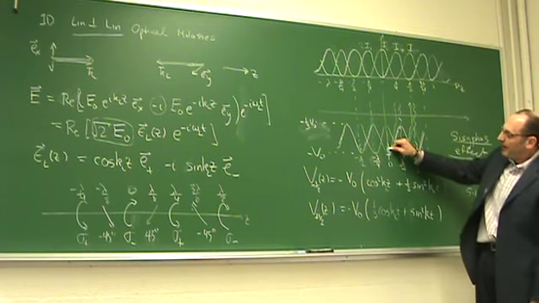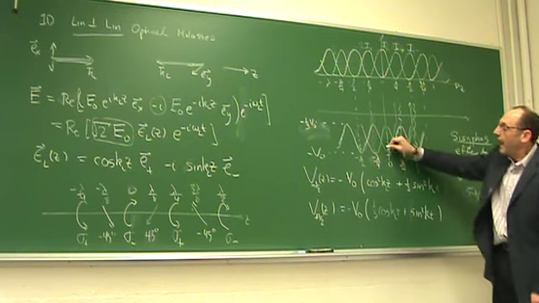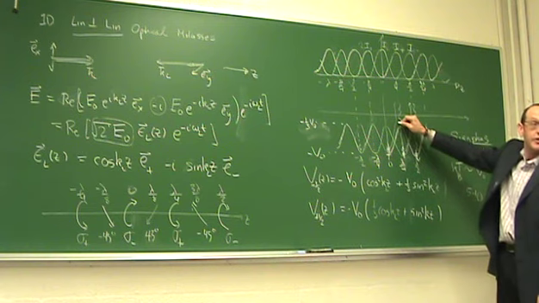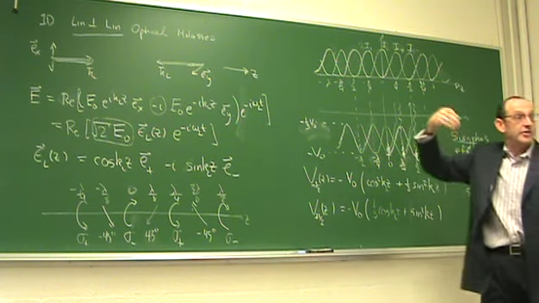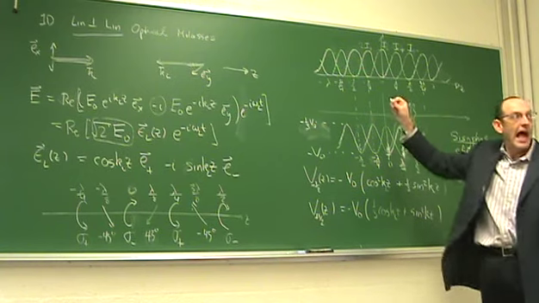If the atom, say, started spin down, it would be in this potential, and as it moves, it loses kinetic energy. That kinetic energy is turned into potential energy, and if nothing else happened, it would just fall back.